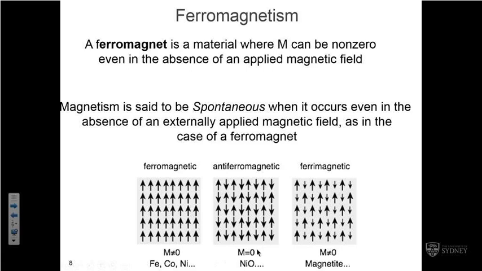In a ferrimagnetic material, some regions or some atoms are spin up and some spin down, and the net magnetization is non-zero. An example of that is magnetite, and for antiferromagnetic, nickel oxide.